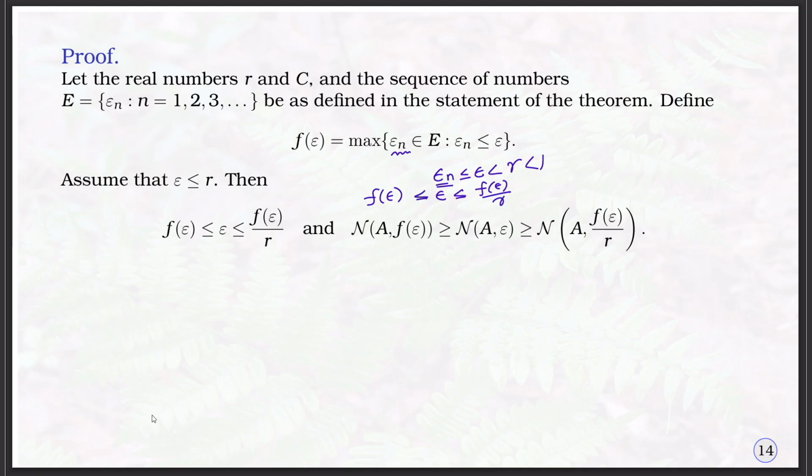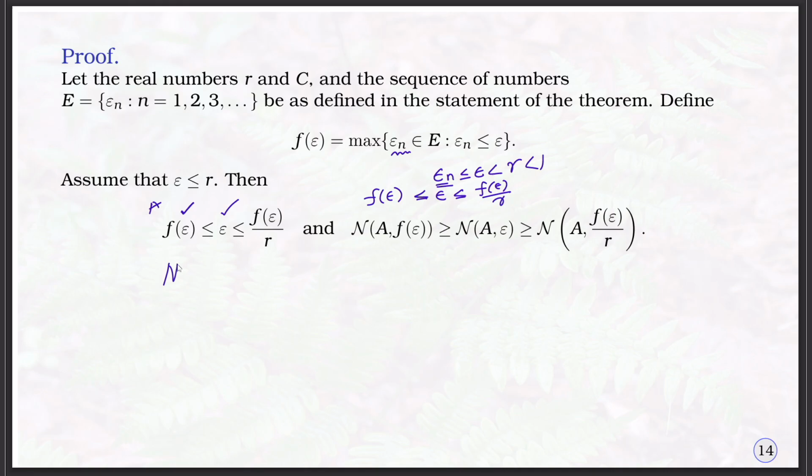When you divide by this r, this quantity is greater than this term. If this is in increasing order, f of epsilon is less than or equal to epsilon, then the number of boxes needed to cover the set A with respect to this radius is greater than the number of boxes required to cover the set A with the radius epsilon. If you are comparing, this is the greatest one.